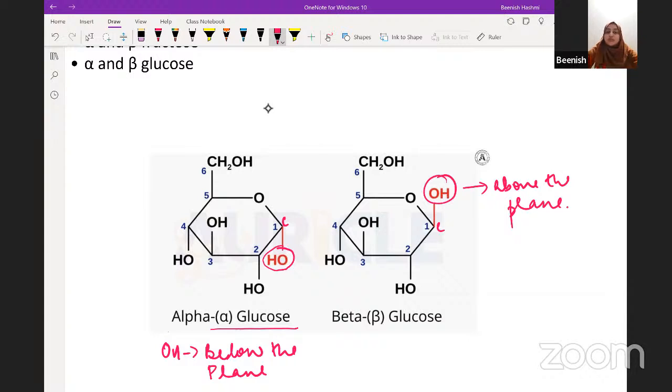So there is a difference in orientation of hydroxyl below or above the plane, and thus we have two different forms, that is alpha glucose and beta glucose. In alpha, when the hydroxyl at carbon 1 is below the plane, it is referred to as alpha orientation or alpha form. And in beta, the hydroxyl at carbon 1 is above the plane.